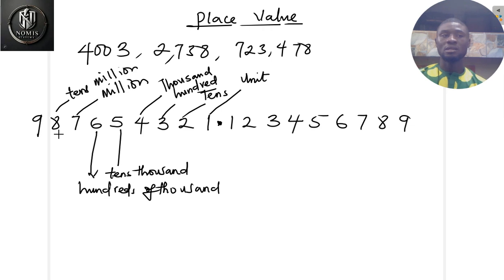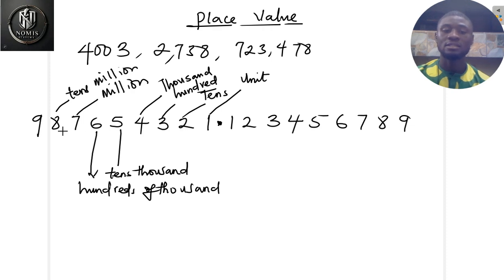Tens now means that whatever digit I have there is multiplied by 10. So this is 8, it should be 8 times 10, which is 80. So that will be 87,654,321.